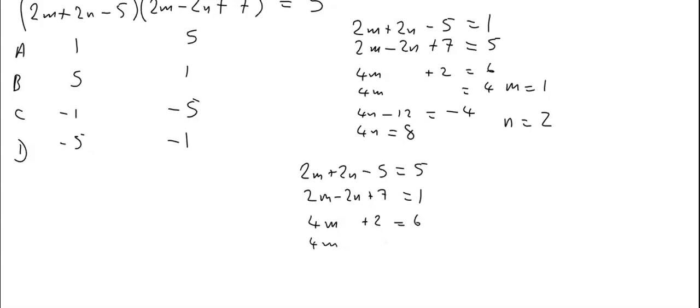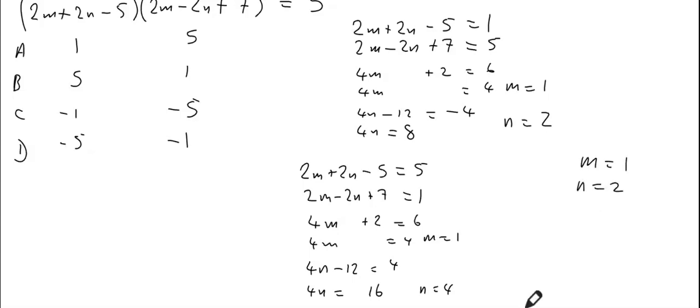So once again, 4m equals 4 and m equals 1. If I subtract those equations, I get 4n minus 12 equals 4. So I get 4n equals 16 and n equals 4. So I now have two sets of answers: m equals 1, n equals 2, and m equals 1, n equals 4.